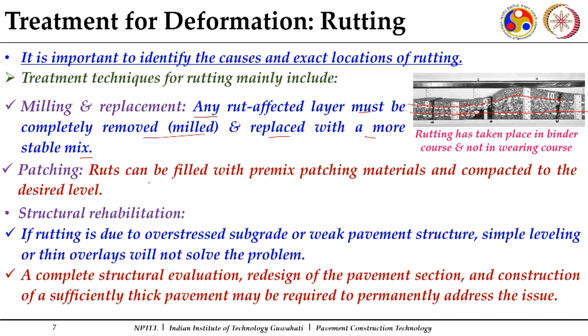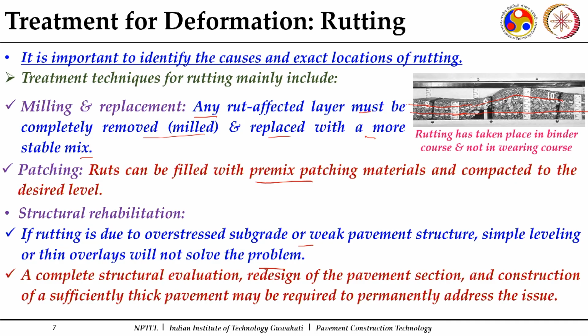Patching: if some localized ruts are there, they can be filled with premix patching material and compacted to the required density. But if the rutting has happened in the subgrade, then that definitely indicates that the subgrade is overstressed and you have a weak pavement structure. So, simply putting up thin overlays will not serve the purpose.